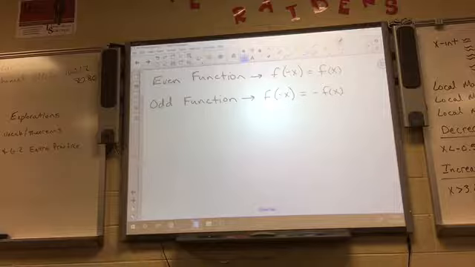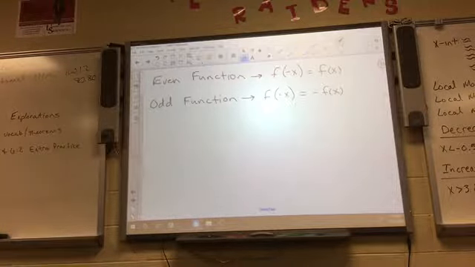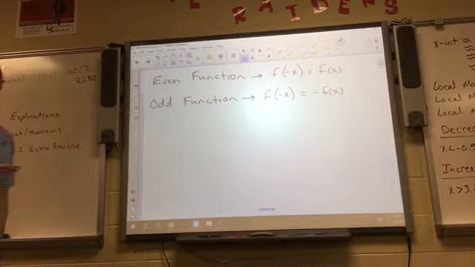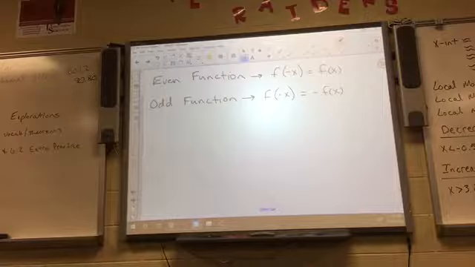If every single sign is the exact opposite, that would be an odd function. Okay. It is also possible that neither of these scenarios is true. Okay, so it will be odd, even, or neither. And I'll show you an example of each one of those. Okay? But no matter what, you're taking the x's and you're turning them into negative x's and then simplifying.